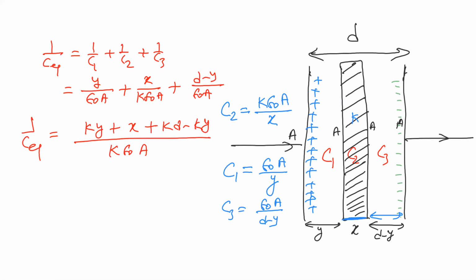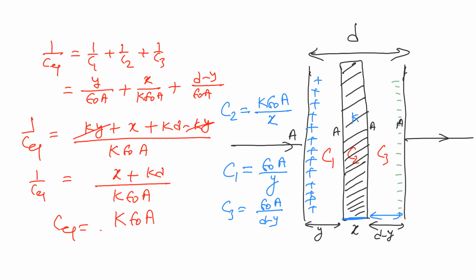Right? Any doubt in this? Anyone has any difficulty? KY will get cancelled. So how much will it be? X plus KD divided by K epsilon naught A. From here, what will be C equivalent?